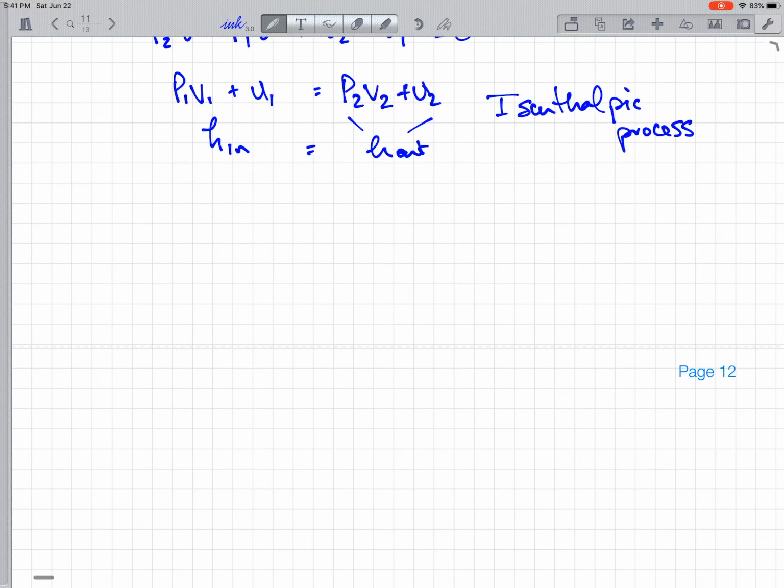Okay, so we're going to describe what happened now with a graph. You may recognize this graph. This is an enthalpy entropy graph. This is the saturation line. So our enthalpy is going to be somewhere here on the saturation line.